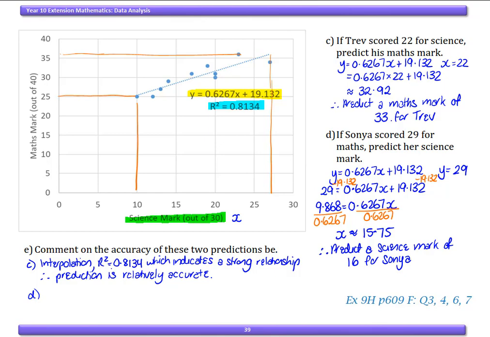But her mark of 29 is between that. So it's still an interpolation. R squared is 0.8134, and it'd be the same deal, which indicates a strong relationship. Therefore, prediction is relatively accurate.